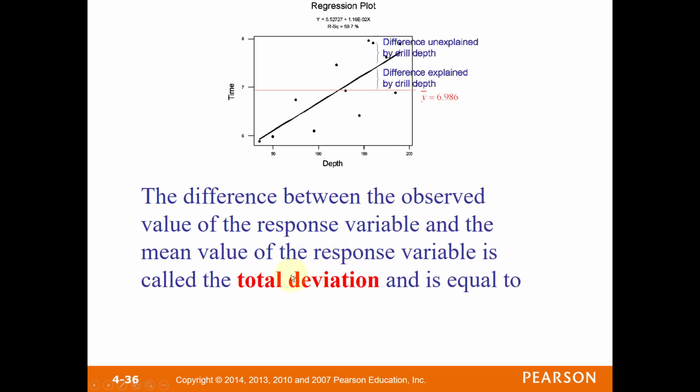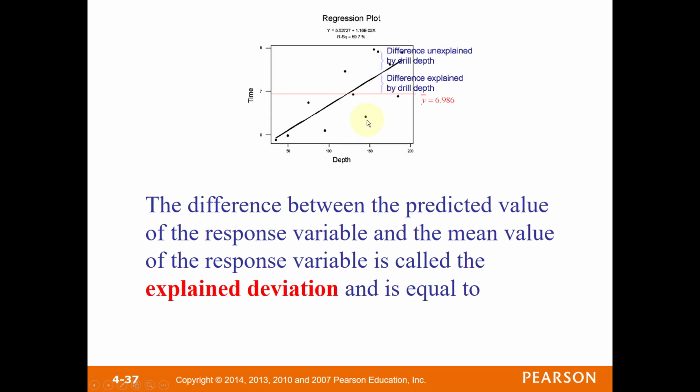Again, you have this idea of total deviation away from the mean, which is y minus y bar. Here's y bar. That entire distance is the total deviation. Then you have something called explained deviation. That's the distance between y bar and y hat.